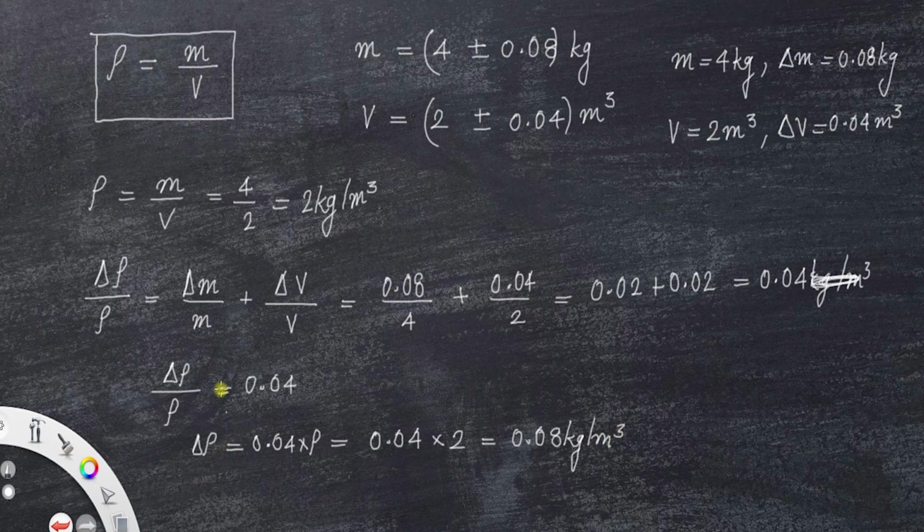Absolute error has the same unit as that of the quantity itself. Now if you represent the density, it will be 2 plus or minus 0.08 kilogram per meter cube. Clear? So this is the final representation of density with the correct error limits. Clear?